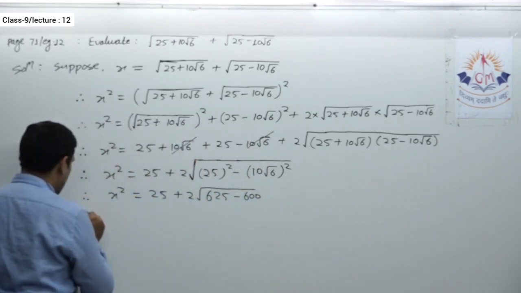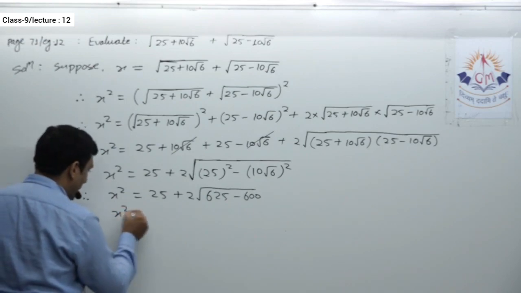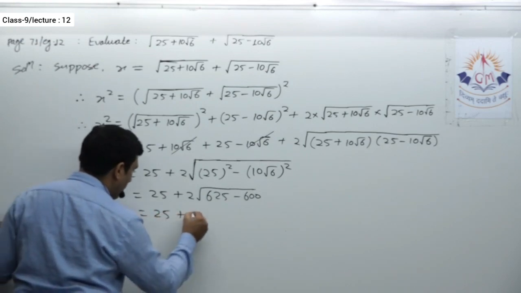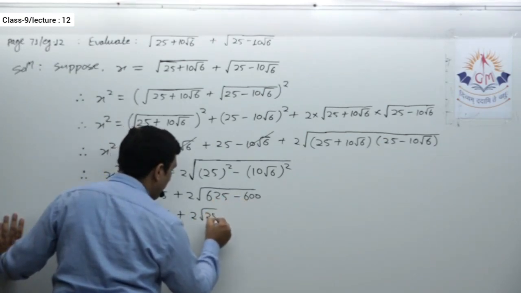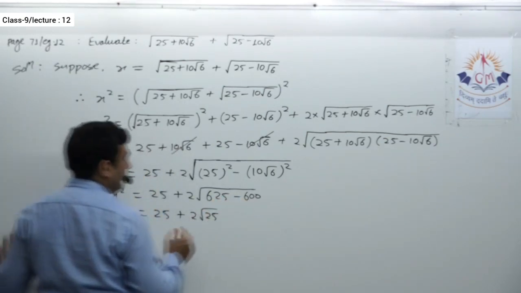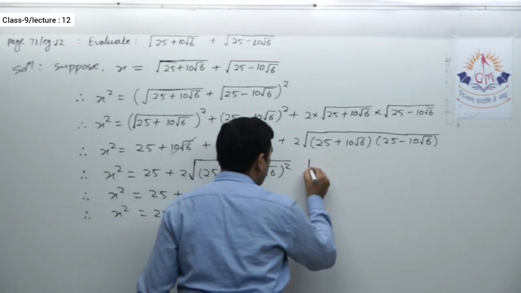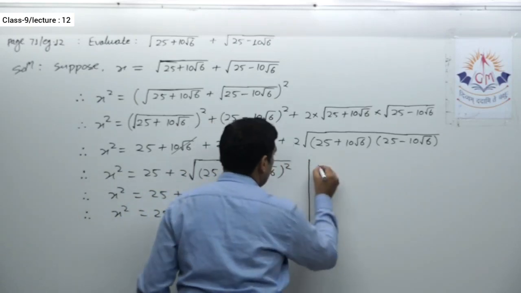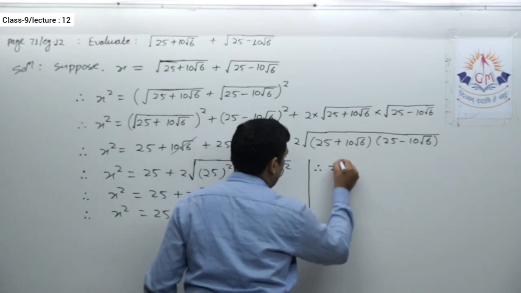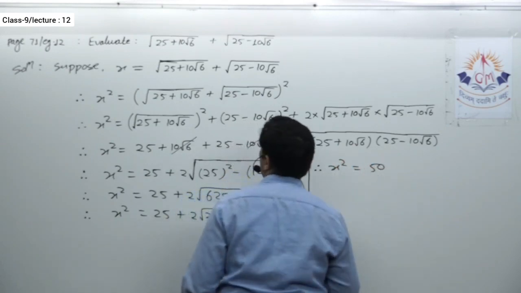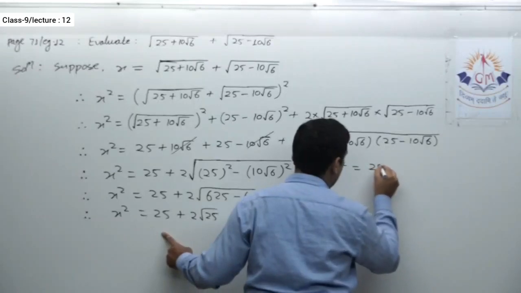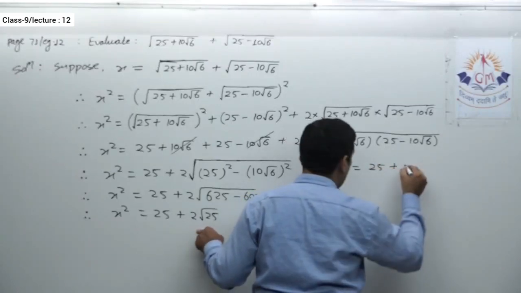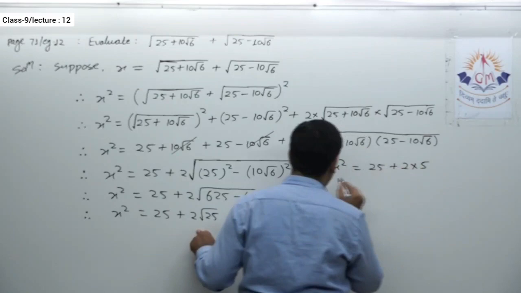So further, x square is equal to 25 plus 2 into the root of 625 minus 600, which is 25. Root 25 is 5.